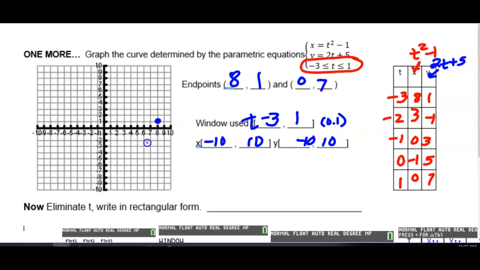All right. I plotted 8, 1, 3, -1, 0, 3, what am I doing? -1, 5, and 0, 7. What did I do wrong?